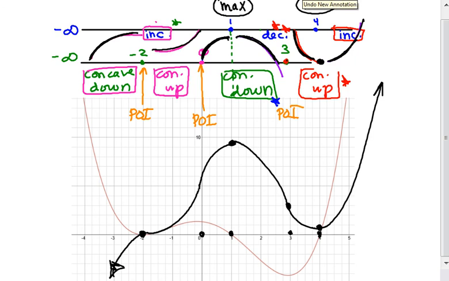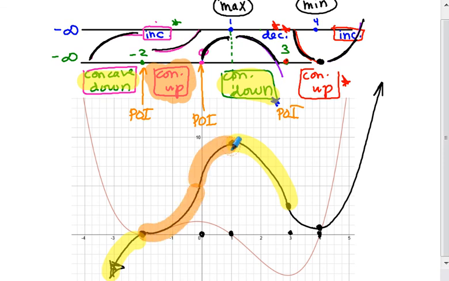And now let's check the information around concavity. We're supposed to see concave down, and this is indeed bending down. It's supposed to be concave down in here. This is bending down. It's supposed to be concave up in this zone, bending up, bending up. Oops. Did I say that the right way? No. Let me roll back a step.